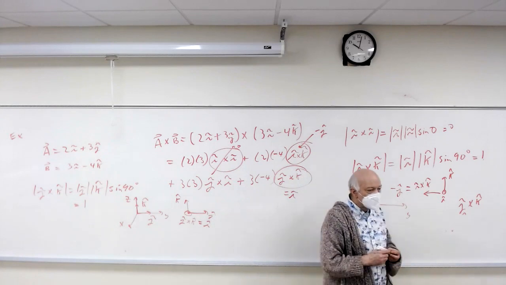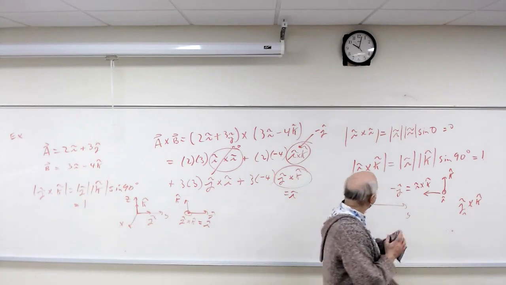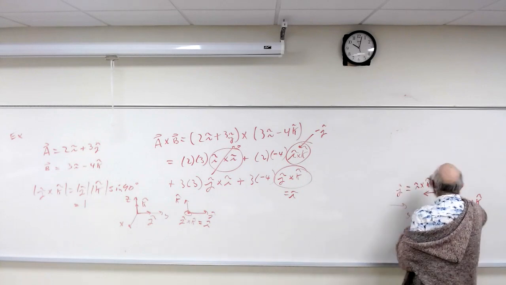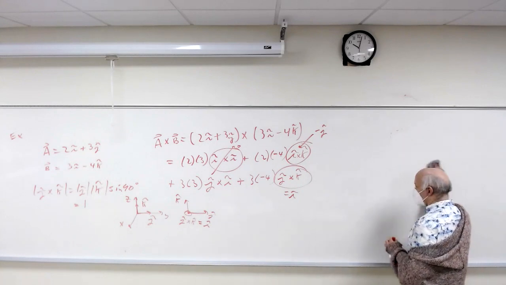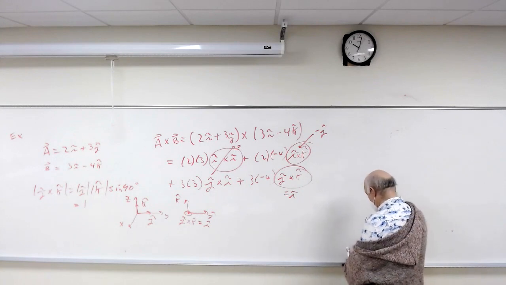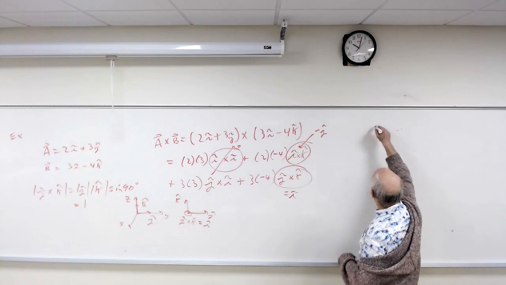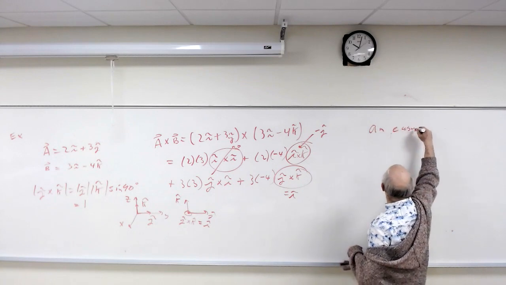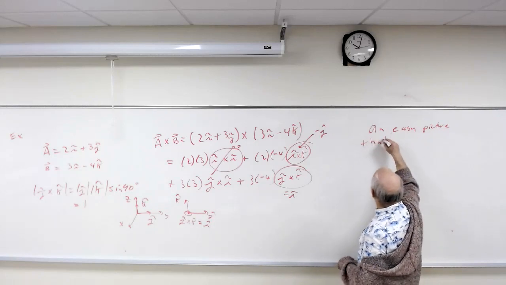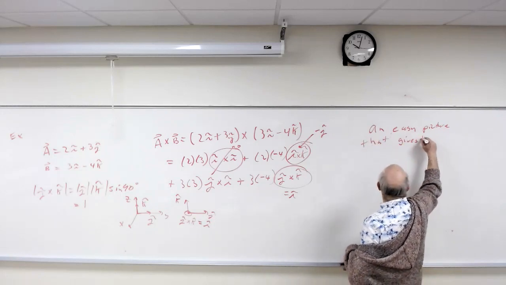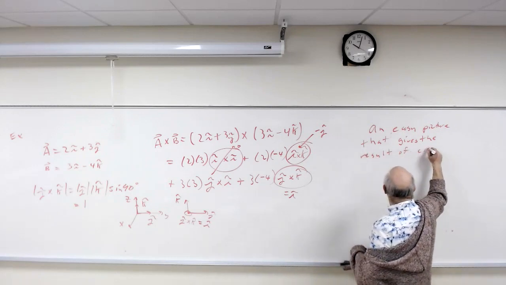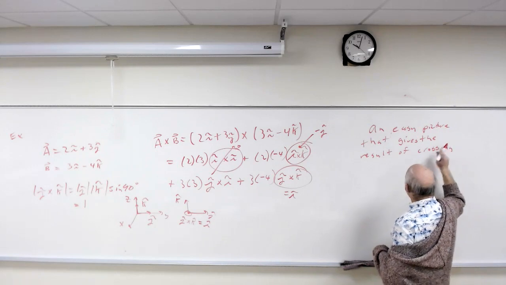That makes sense? So there's a dumb way to remember all these. Easy. It gives the result of crossing.